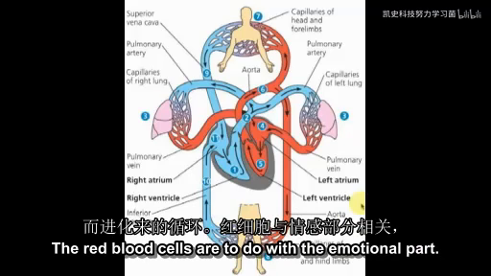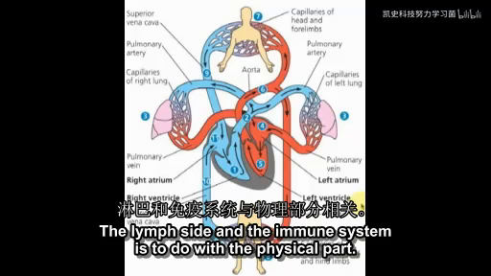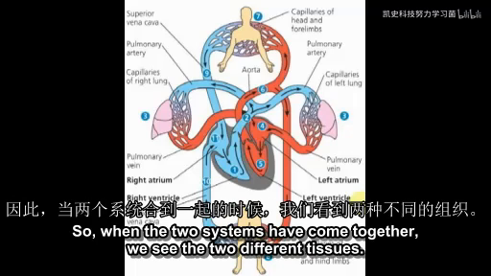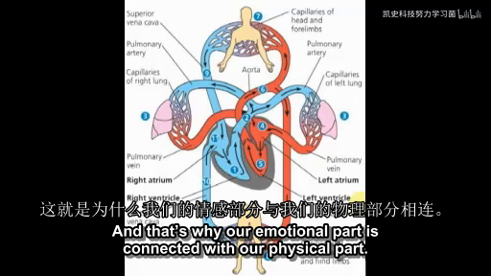The red blood cells are to do with the emotional part. The lymph side and the immune system is to do with the physical part. So when the 2 systems have come together, we see 2 different tissues. And that's why our emotional part is connected with our physical part.